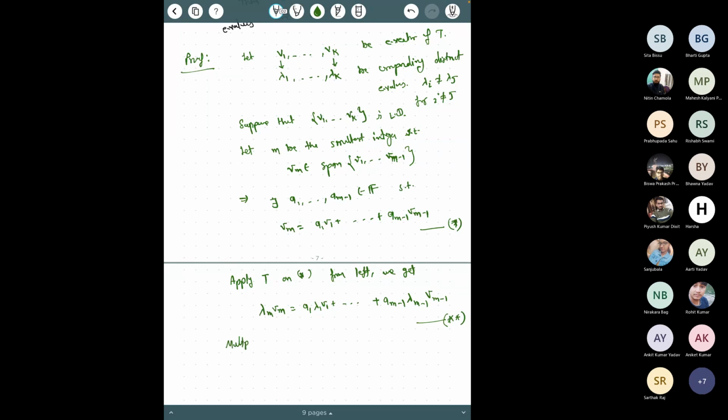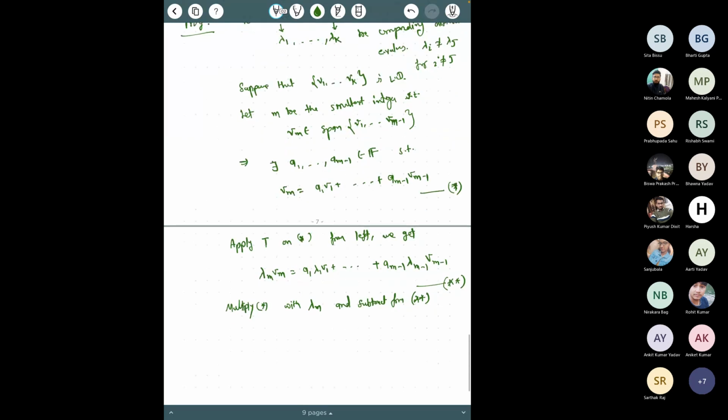The left hand side becomes 0, and the right hand side would be a1 times (lambda m minus lambda 1) v1 and so on up to am minus 1 times (lambda m minus lambda m minus 1) vm minus 1.